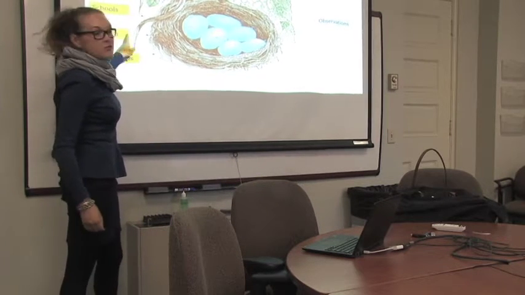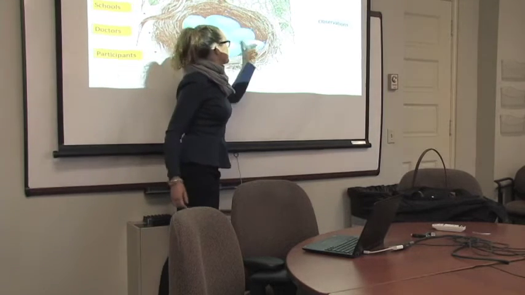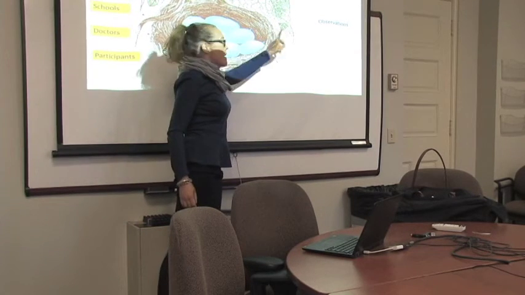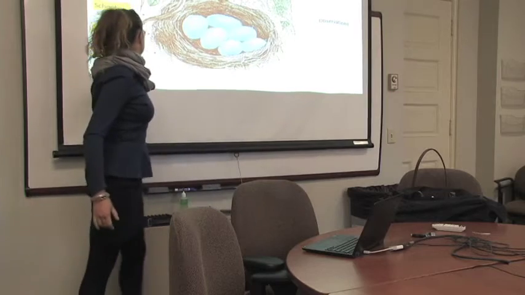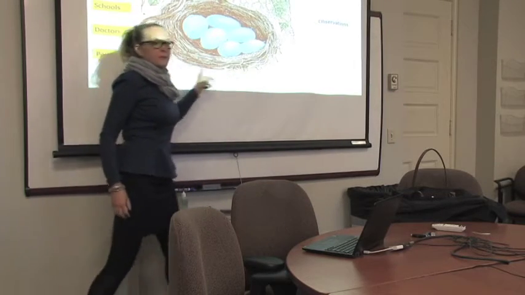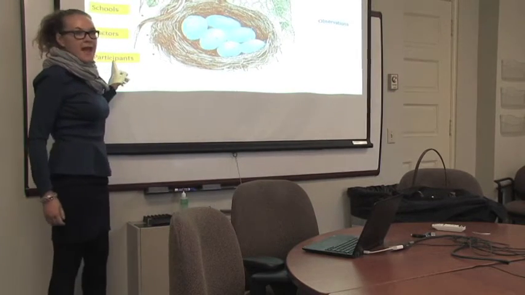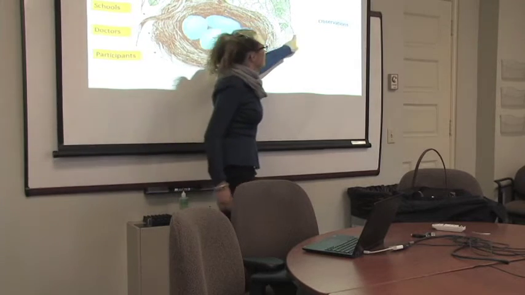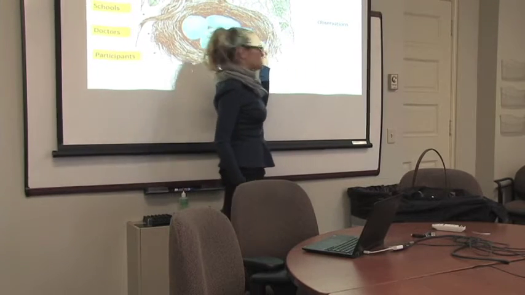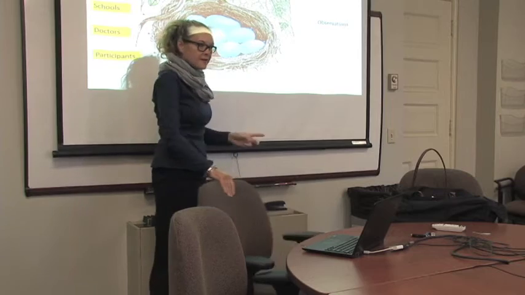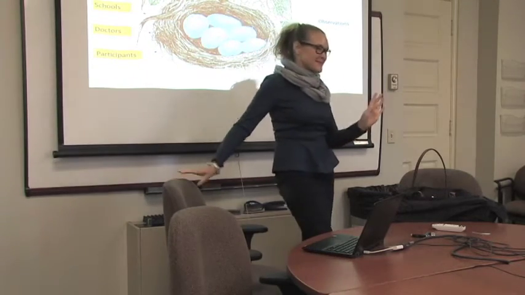Or patients nested within doctors or therapists, right? But when we move into longitudinal data, that's where we flip it, right? The person becomes the nest, and the repeated observations are the eggs in the nest. Okay, that was a last-minute addition.